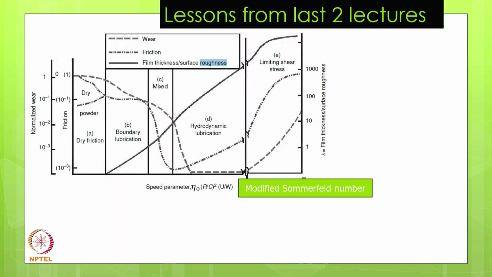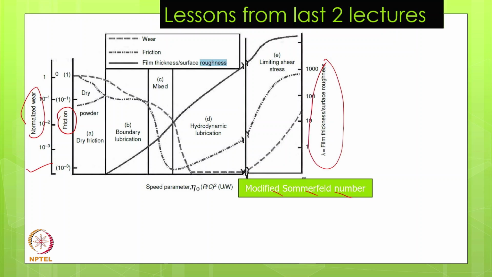In lecture 2 we also showed this kind of curve, what we call the modified Sommerfeld number, with not only the coefficient of friction but also a normalized wear as well as a surface roughness related parameter, the specific film thickness.